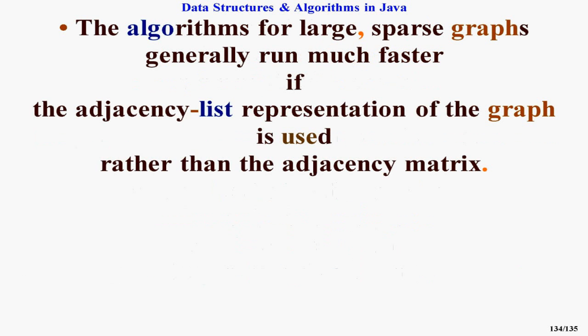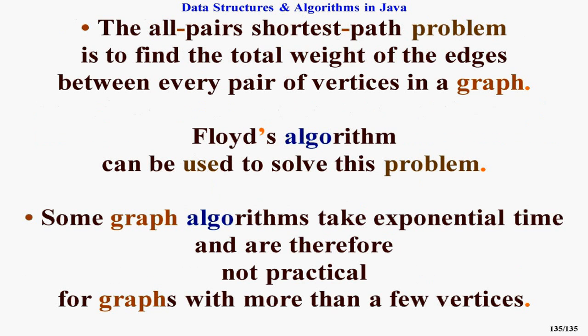The algorithms for large, sparse graphs generally run much faster if the adjacency list representation of the graph is used rather than the adjacency matrix. The all-pairs shortest path problem is to find the total weight of the edges between every pair of vertices in a graph. Floyd's algorithm can be used to solve this problem. Some graph algorithms take exponential time and are therefore not practical for graphs with more than a few vertices.